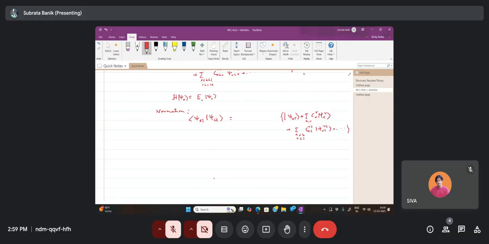Left side also we have a similar thing: psi Hartree-Fock plus the sum over A, R of C_A^R psi_A^R. Basically, both sides I have done the expansion. Let me write it clearly.